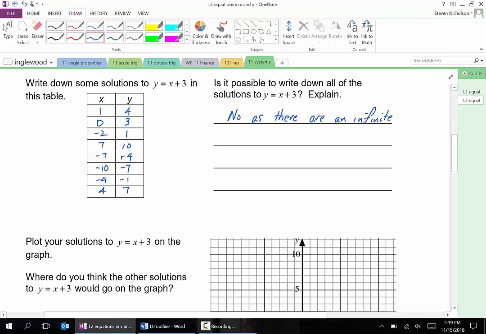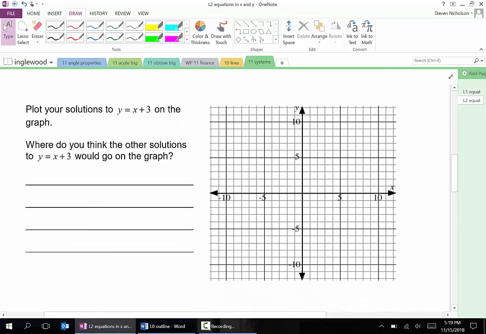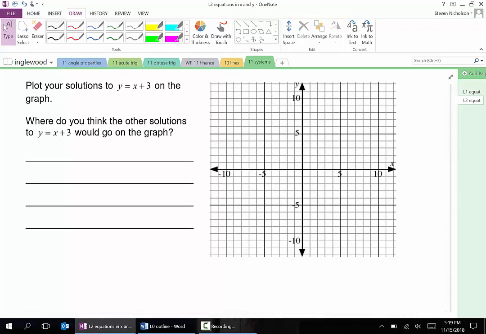There are an infinite number of solutions. So really what we need is a way to represent all of the x's and all of the y's that make that true. And the way we simply do that is plot it.